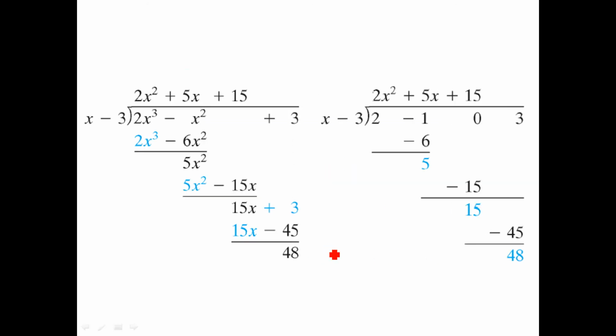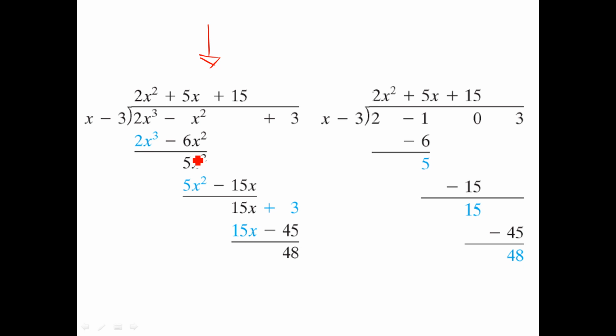Alright, so let's take a look at an example here. So this is the original old school way of doing long division of 2x cubed minus x squared plus 0x plus 3, divided by x minus 3. Alright, so if you follow through the steps, 2x cubed divided by x is 2x squared.